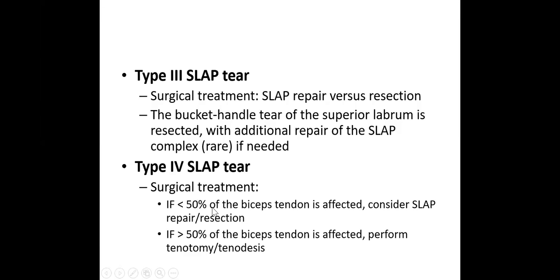Less than 50% of the biceps tendon is affected, तो फिर उसके साथ सिर्फ slab repair हो सकती है along with the resection, and if there is more than 50% of the biceps tendon affected, तो फिर वहाँ पे tenotomy जो है या ट्रेडिशनली हो सकती है.